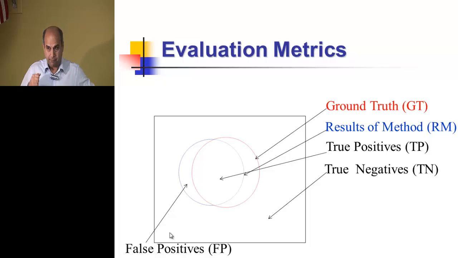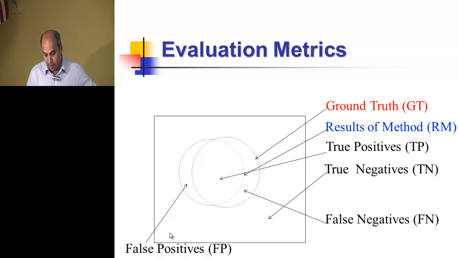So those are false positives. Then we look at what it missed: the ground truth says they are dog, but the algorithm says they are not dog, so they are not in the blue one. Those are called the false negatives.